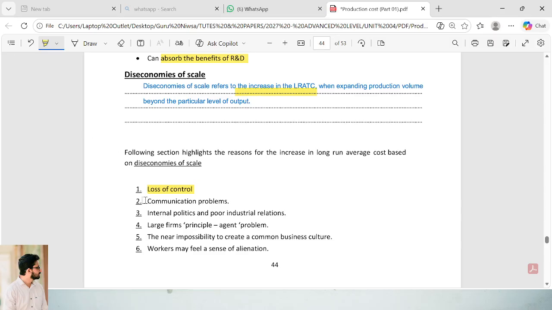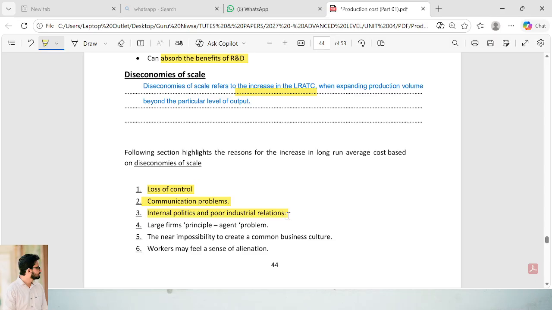Communication problems. Poor communication, internal politics and poor industrial relations. Especially, do you know trade unions? When firms become too large, there are so many workers, 500, 1 million workers. They try to create trade unions, right?